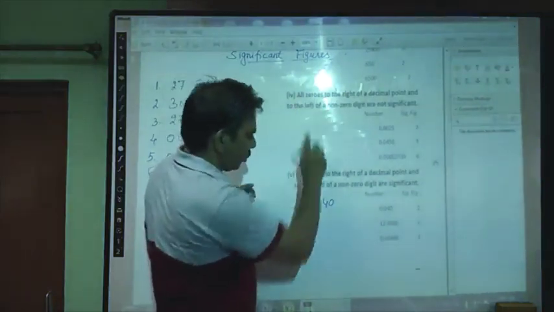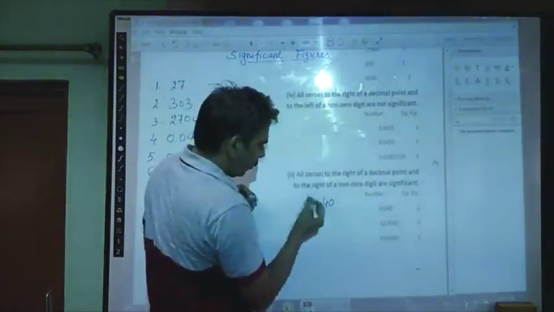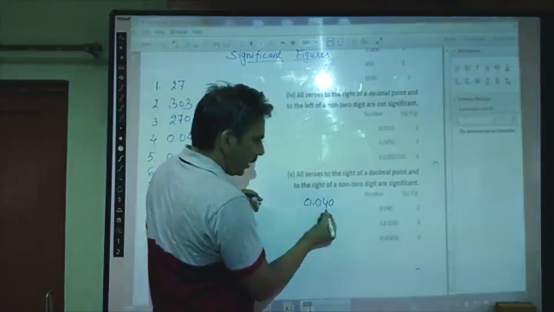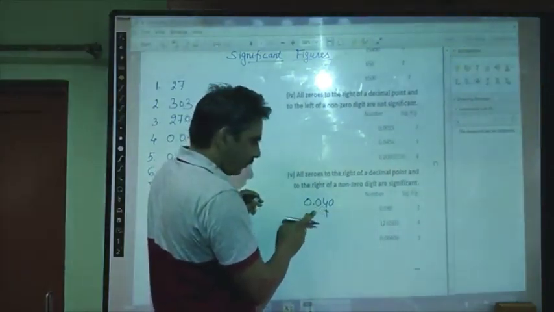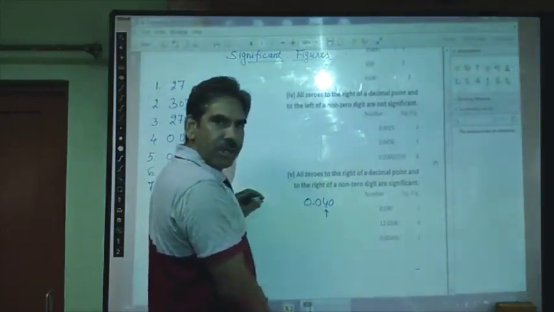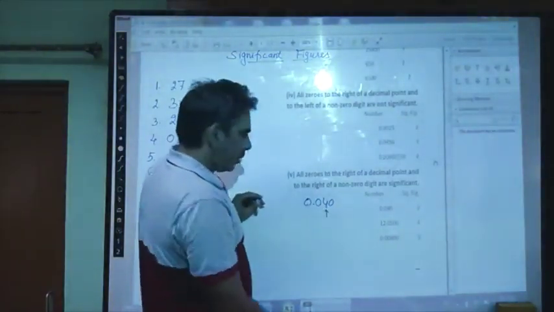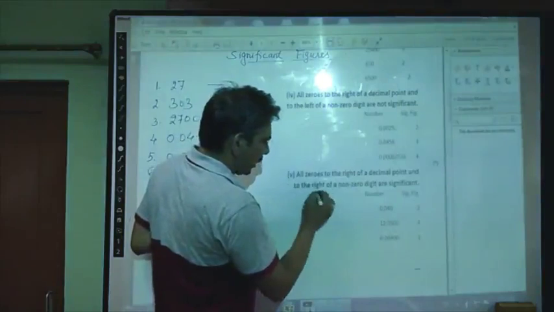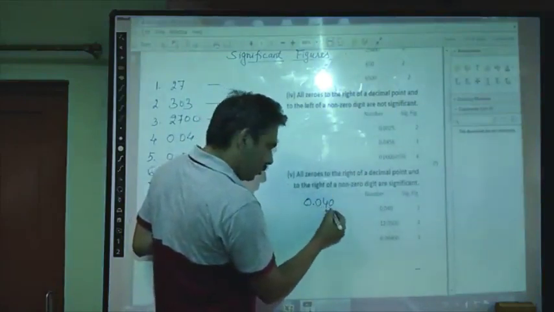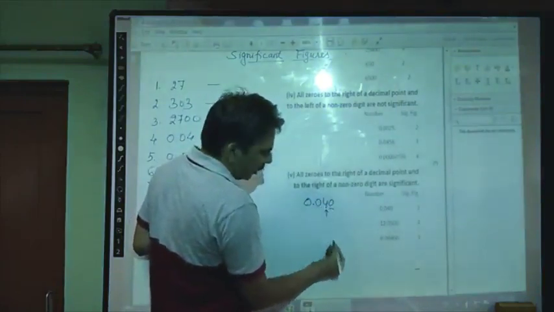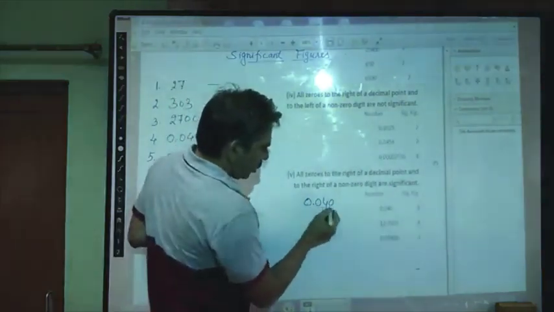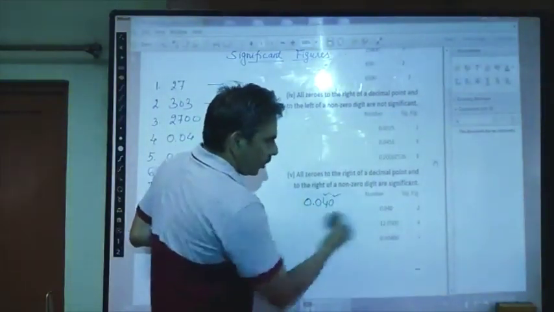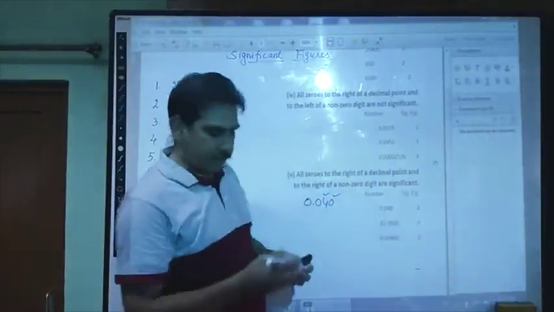According to the first rule, this 0, which is falling after the decimal and to the left of the non-zero digit, is non-significant. But the second rule says that the zeros falling on the right of this non-zero digit will be significant. So it has 1 and 2, two significant figures.